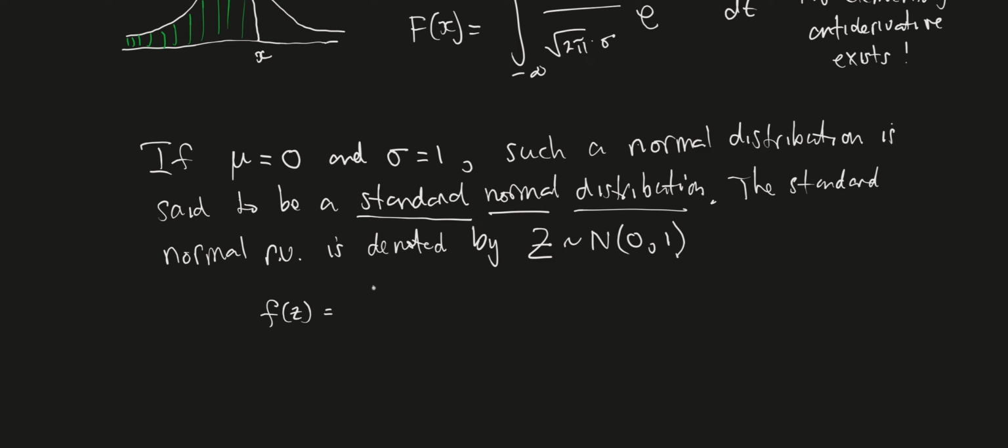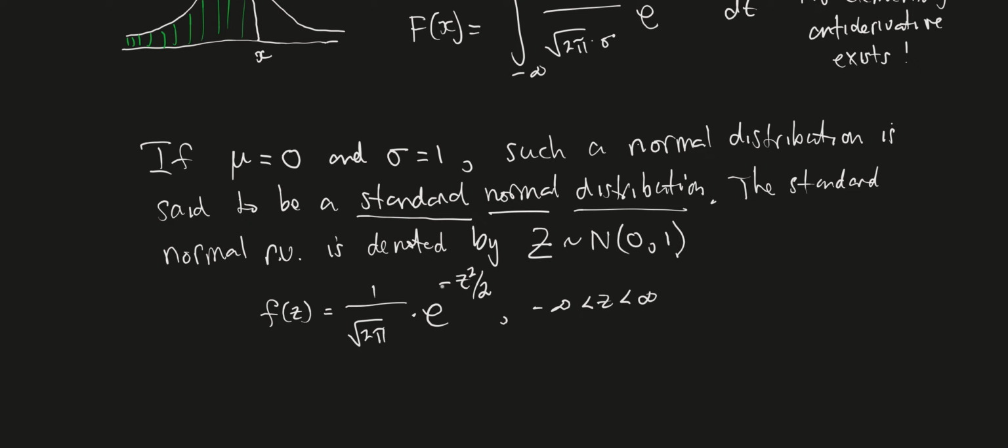So it ends up being 1 over the square root of 2 pi, times 1, and then e to the negative z squared over 2 times sigma squared. But 2 times 1 squared is 2, so it's basically that. And again, z can be any real number, so that's the sample space. So it's a lot easier, but it's still something that we can't integrate.